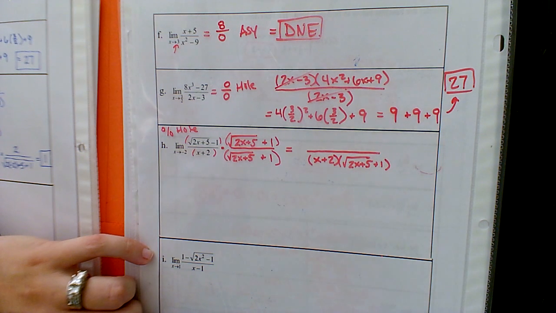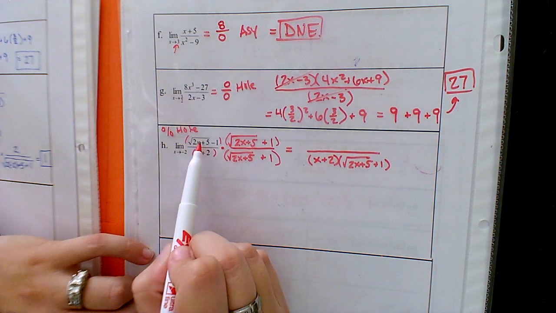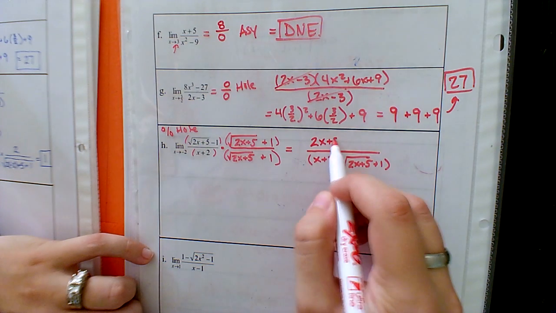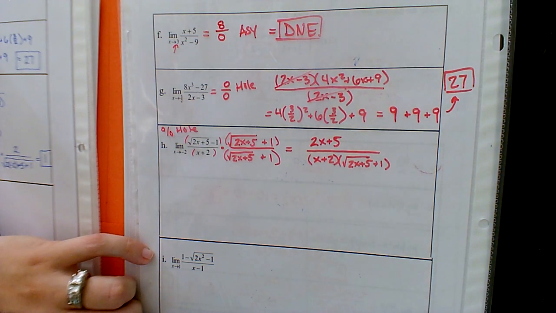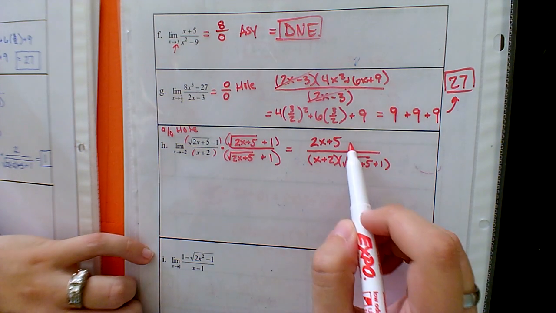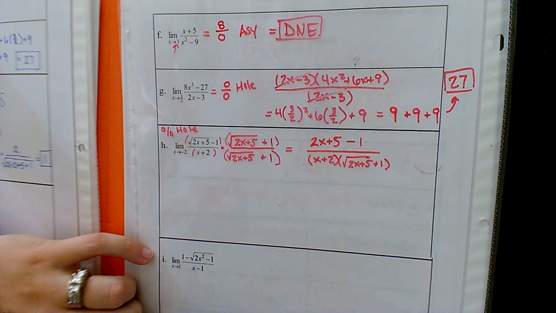If we go through that FOIL distribution process, I think we said yesterday that the insides and outsides would always cancel each other out because one's positive, one's negative. So all we have to do is take the first terms multiplied together, which would just be 2x plus 5. The square roots would cancel each other out. And we only have to do the last terms, which would be -1 times +1, which would be a -1.